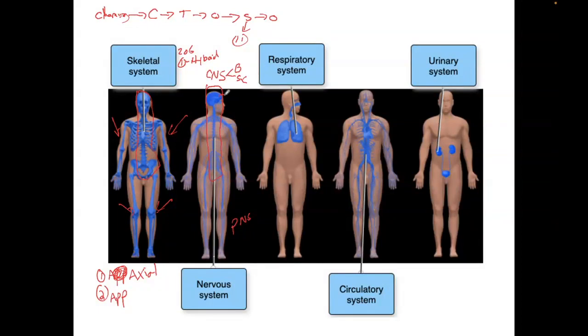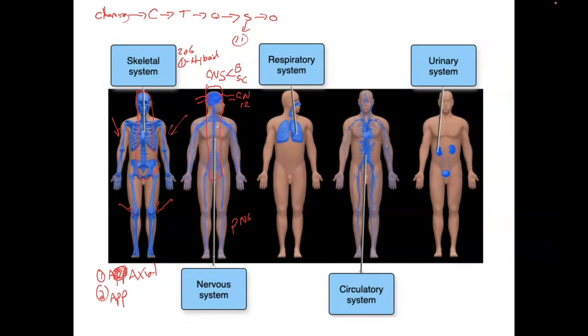And even off of the brain, we have nerves, and the nerves that come off of the brain are called cranial nerves. And there's 12 pairs of cranial nerves. When we do neurology, we'll get into those 12 cranial nerves and what their functions are. So the CNS is the central neural system.